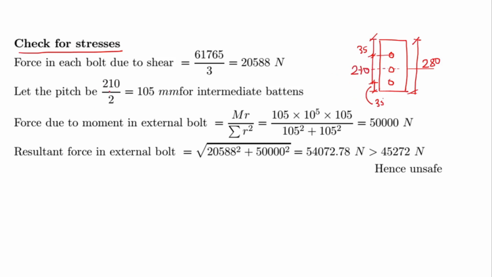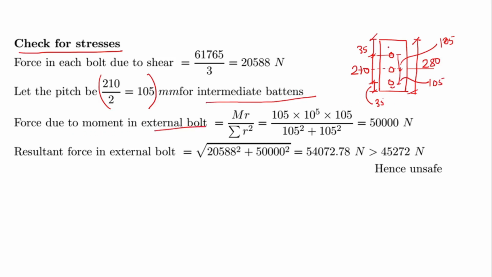Therefore the pitch will be 210 by 2. That means this distance will be 105, both at the top and bottom, for the intermediate battens.